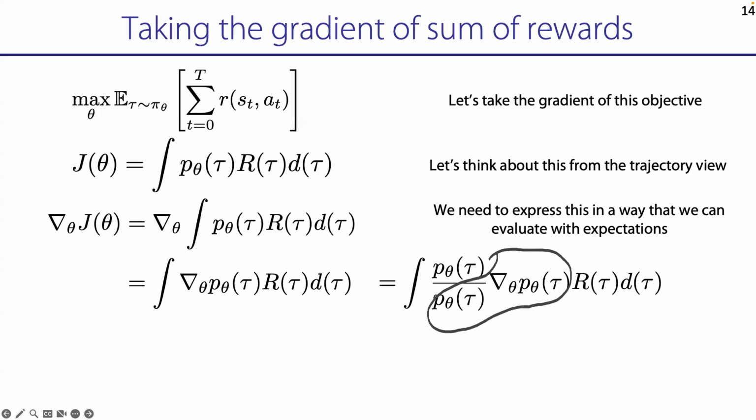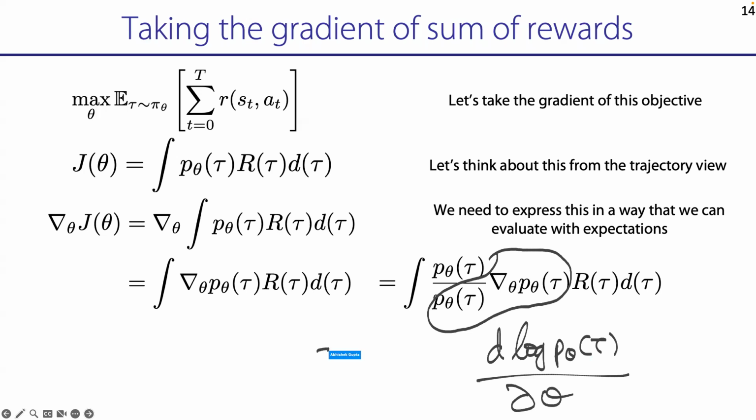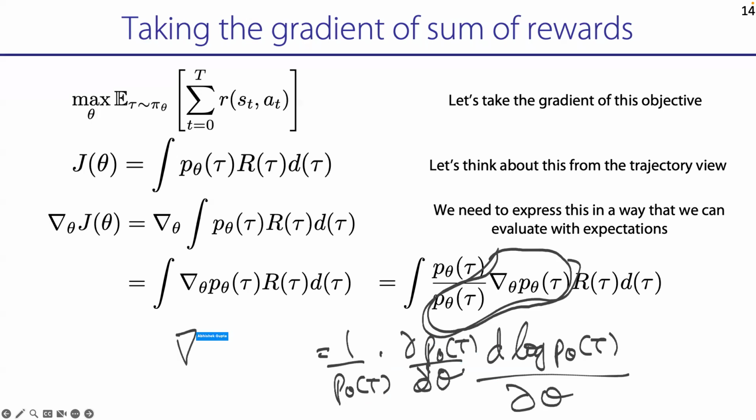If you think of the chain rule of probability, the gradient of this thing with respect to theta, you can write as 1 over p theta tau times the gradient of p theta tau with respect to theta, which is exactly this expression: the gradient of p theta tau with respect to theta divided by p theta tau, right?